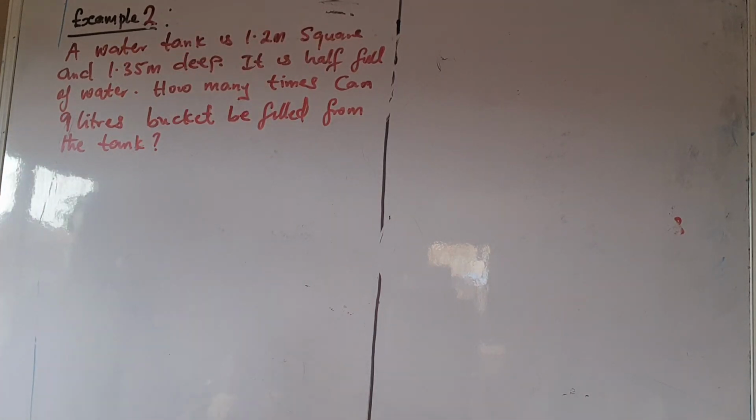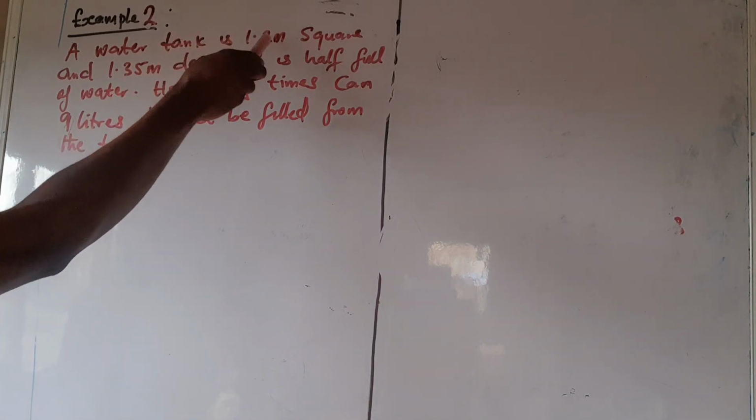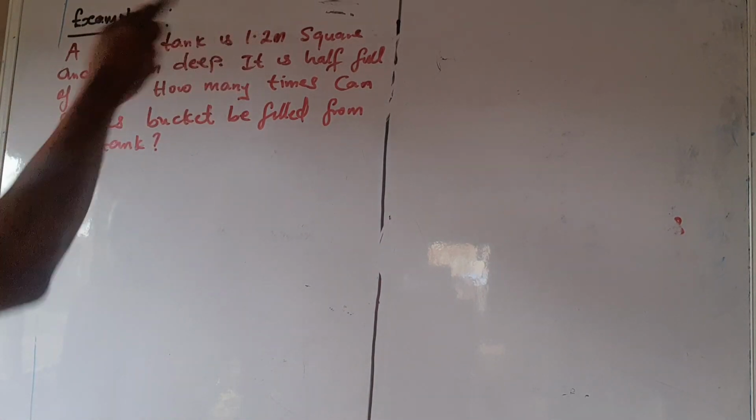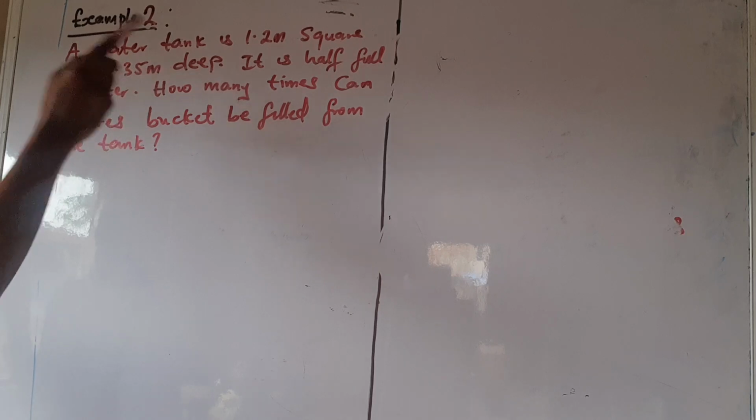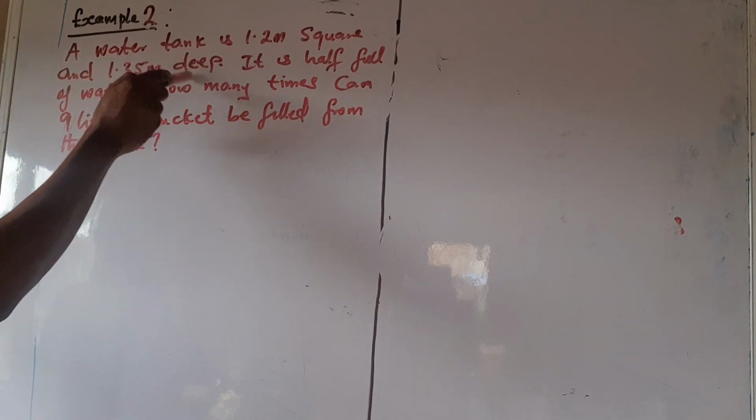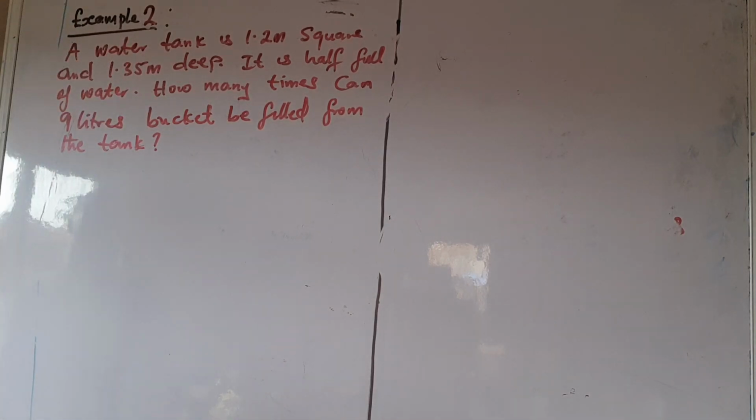That is length times breadth, where the length is 1.2, so the breadth is also 1.2.